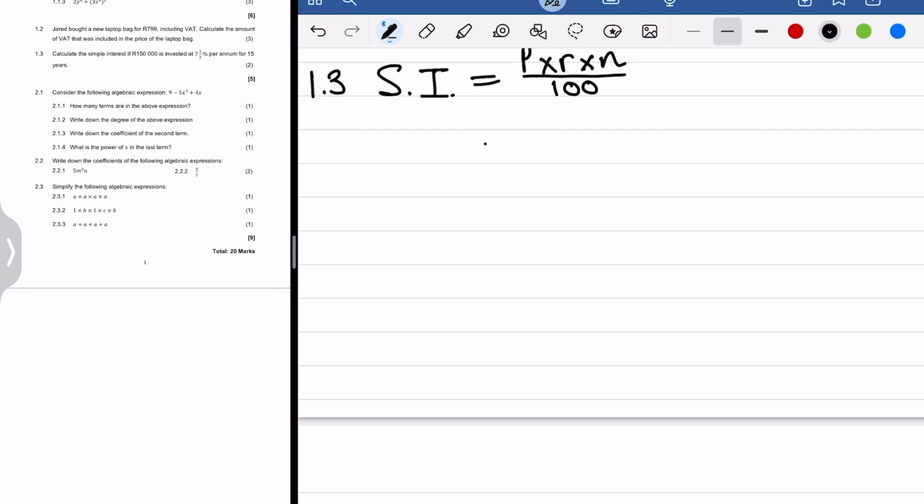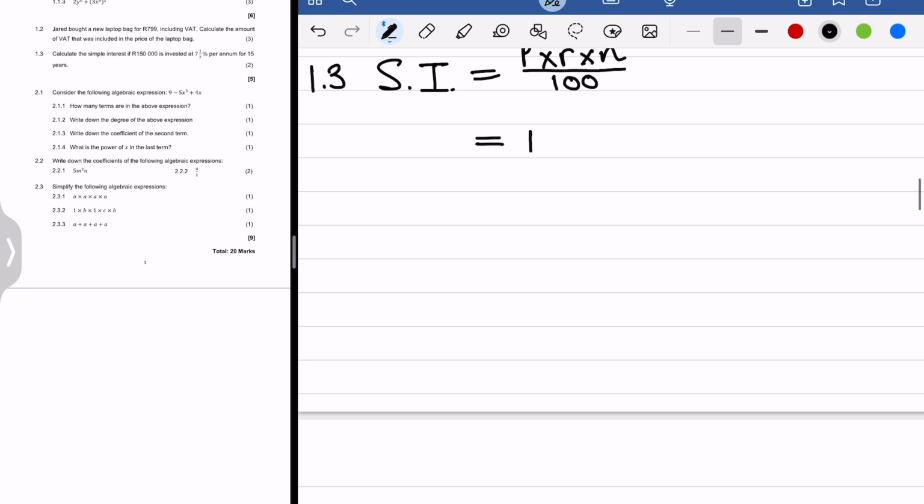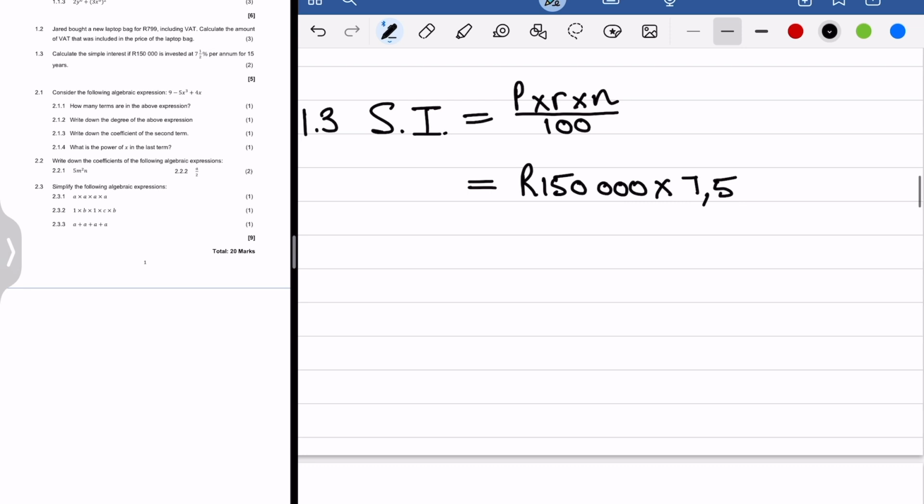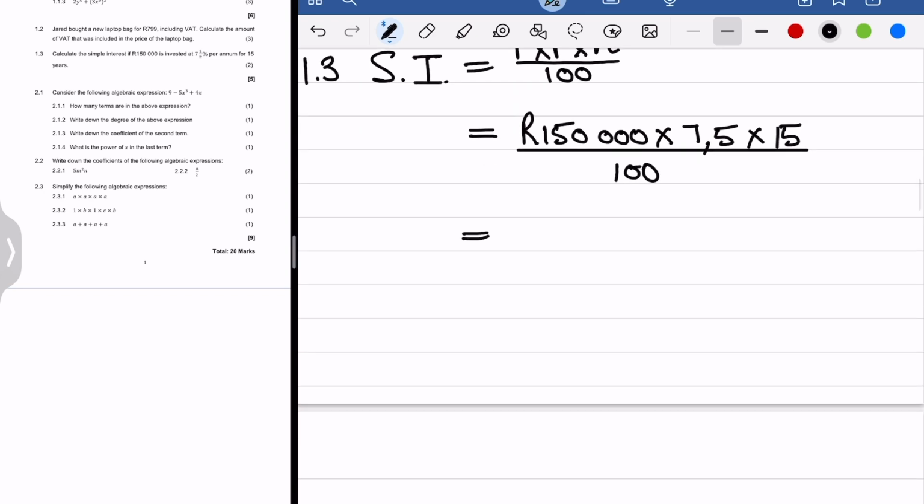All I need to do is substitute those values that were given to me already. So the principal amount is 150,000 Rand multiplied by the interest rate, which is 7.5, which I can just write as 7.5. Okay, it makes your life a lot easier. And you multiply that with n, which is the number of years. So the number of years is 15. And all of this is divided by 100.